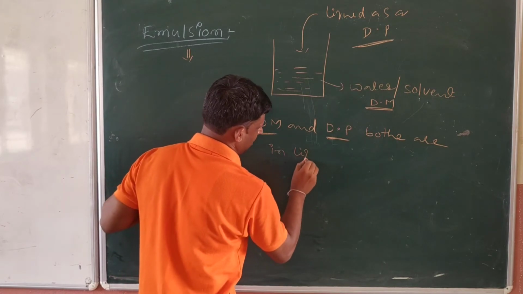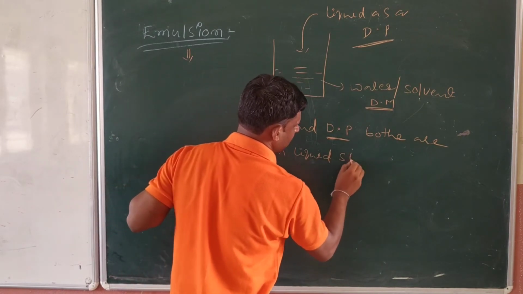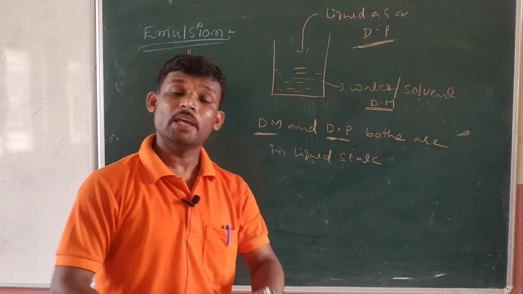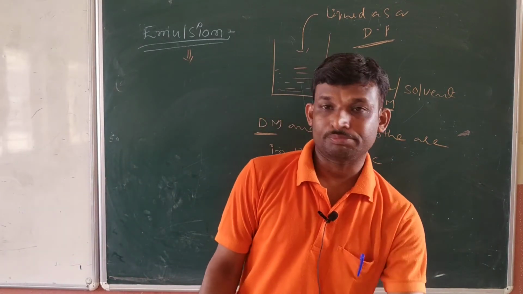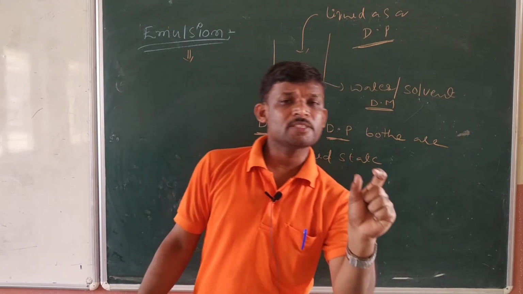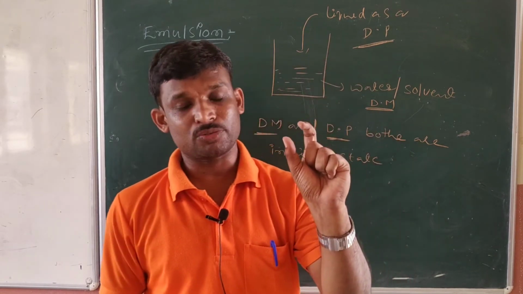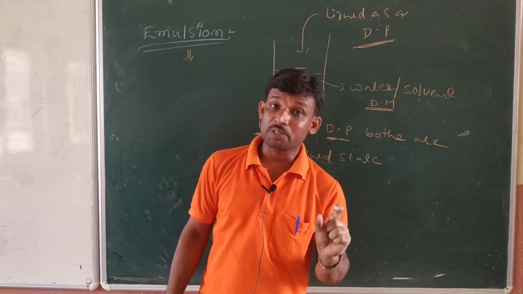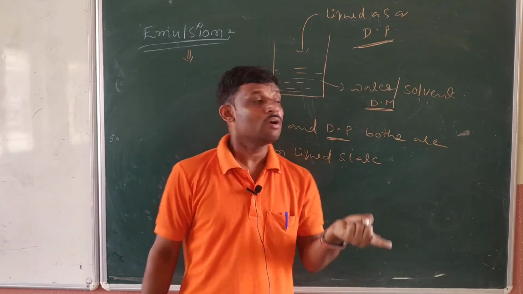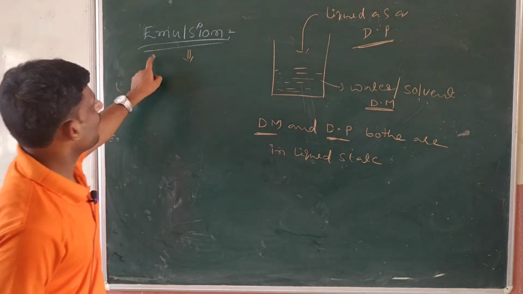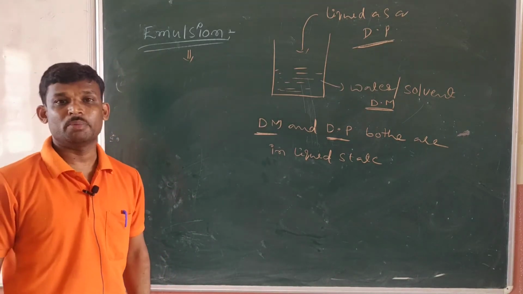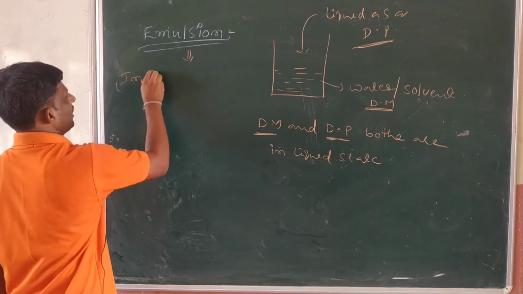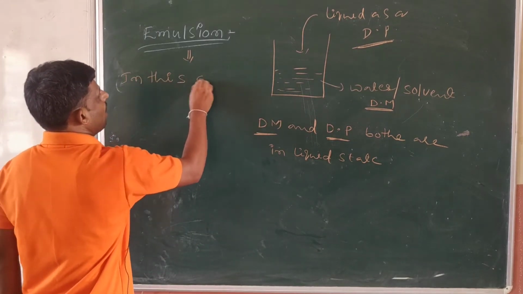Yes, am I right or not? In any colloidal solution, when the dispersion medium as well as the dispersed phase are both in liquid state, it is called an emulsion.